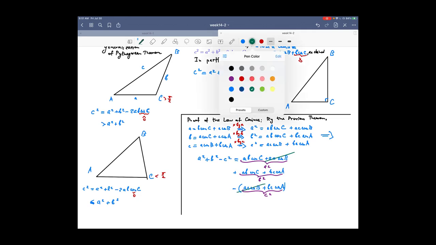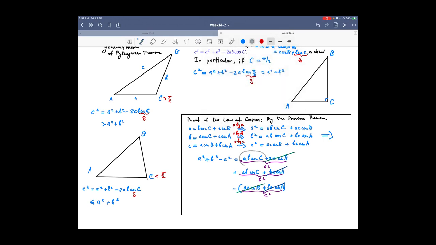And likewise, bc cosine A and negative bc cosine A cancel out. And the remaining two terms combine. ab cosine C and ab cosine C yield 2ab cosine C. And of course, now the result follows, because from here we get that c squared equals a squared plus b squared minus 2ab cosine C as claimed.